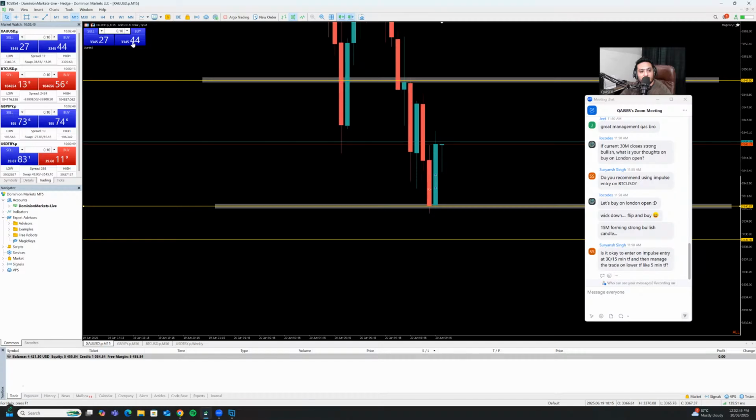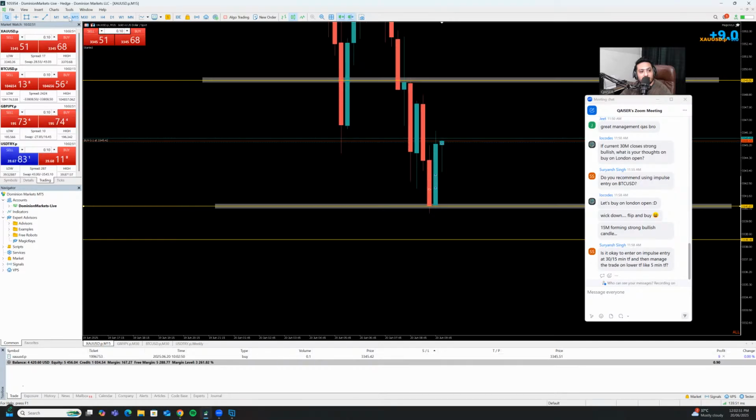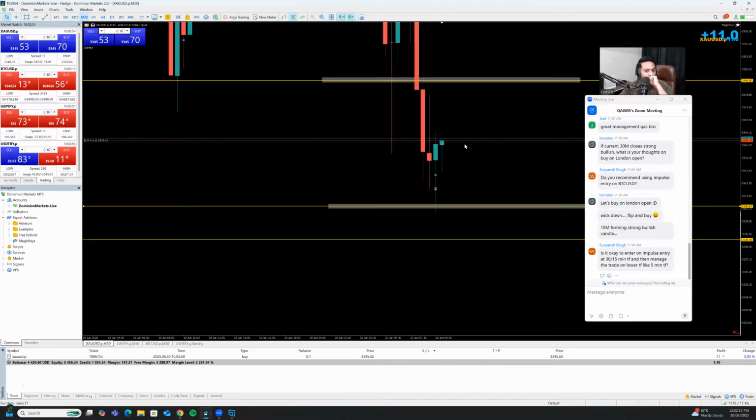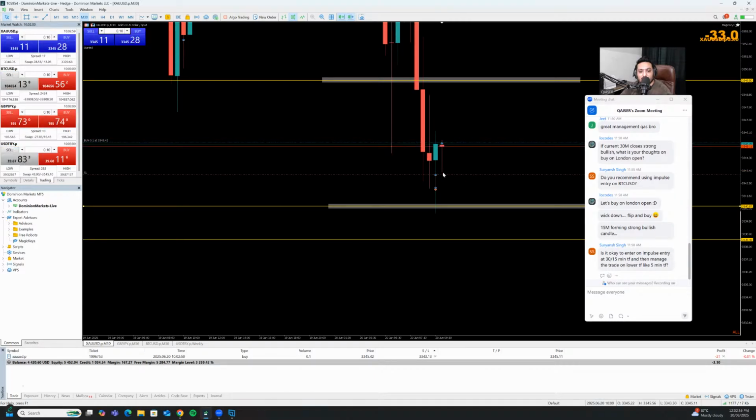M15 just flipped now. Here, I'm giving my trade a chance. Stop loss could be below the current candle, because if it creates a low and breaks its own high, now there is no business of this current candle coming down to break its own low. It should be continuously pushing to the upside, because we are sitting on the opening of London as well.